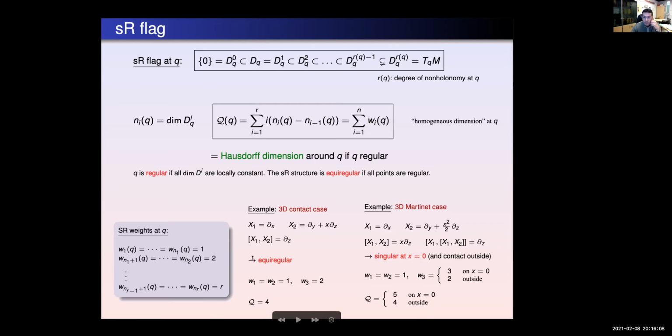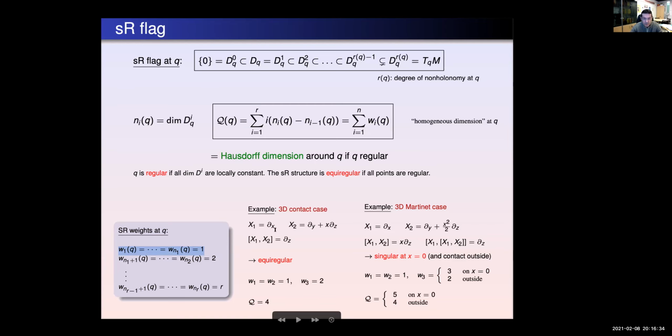Also, another definition of interest is that we define the so-called sub-Riemannian weights at the point Q. Well, it just means, in a few words, that for all directions that are directly reachable from the horizontal distribution, you put a weight equal to 1. Let me take the example here.